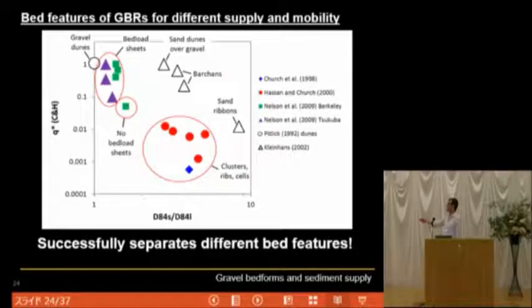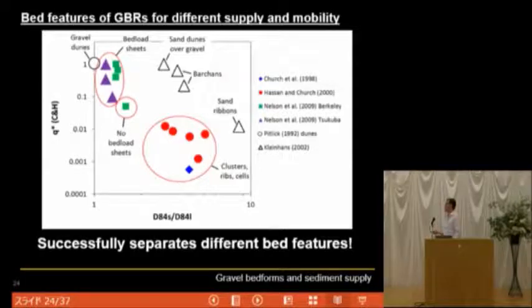Gravel dunes appear right over here. Bed load sheets occur right here. We've got clusters and ribs that are occurring in this area right here. And then we have this sequence of sandy bed forms that occur over gravel on this part of the diagram. And so I think that we have actually separated out successfully the different bed features.